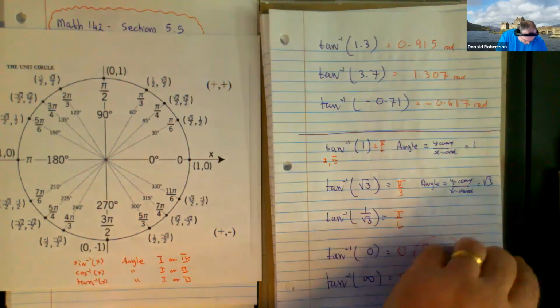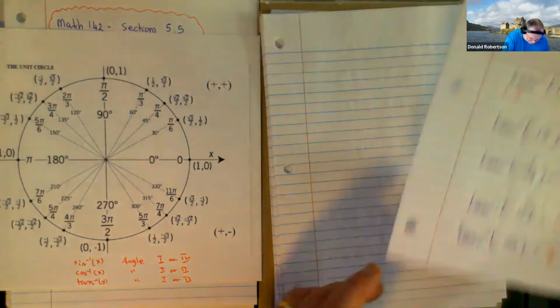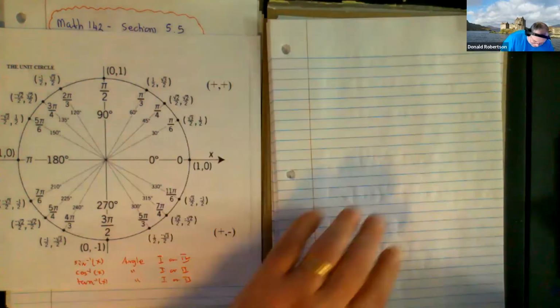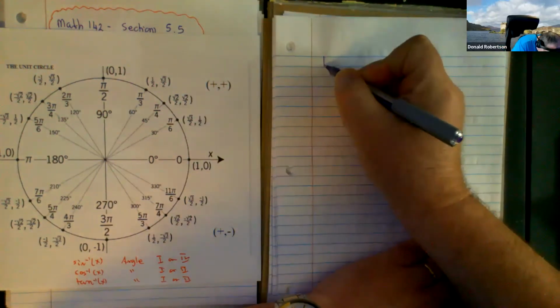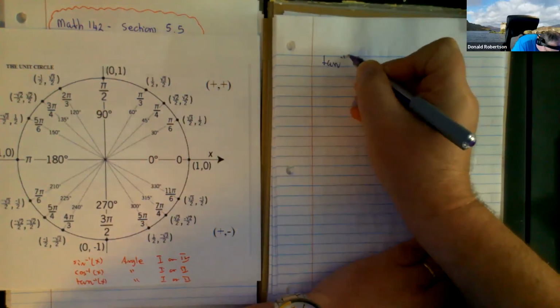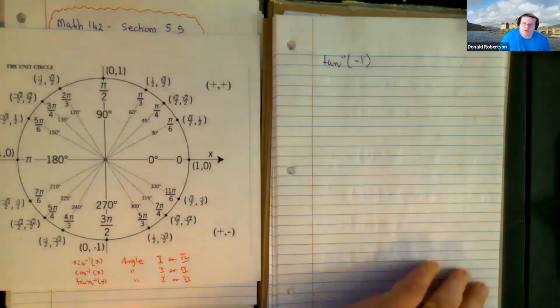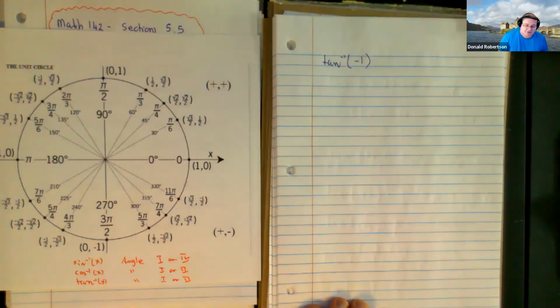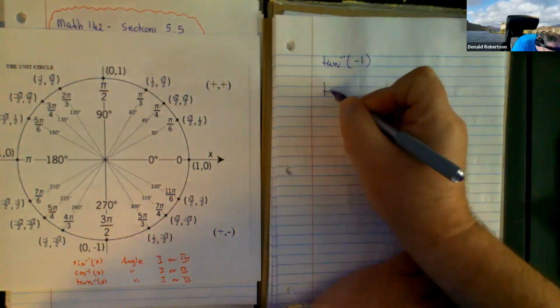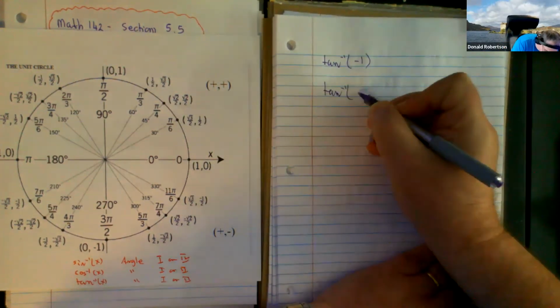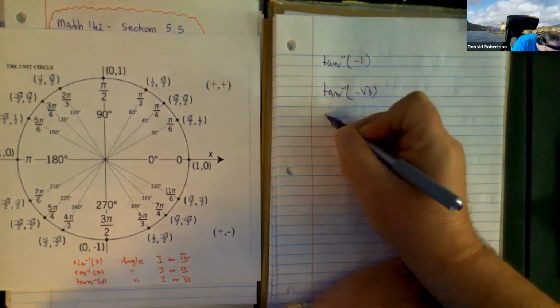Now I'm going to do the same thing, but we're going to do all the ones that come down here, and we'll show you what they look like. I want to know what angle has an inverse tangent of -1. What angle has an inverse tangent of -√3?